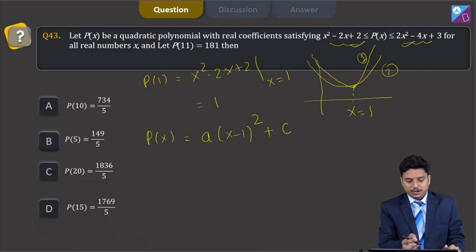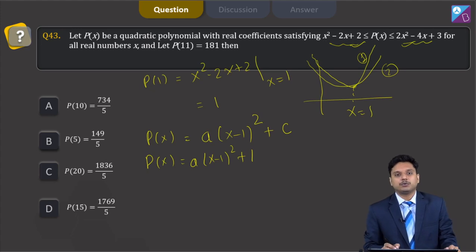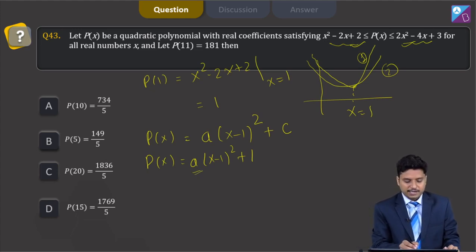But we are aware that P(1) is equal to 1, so this c must be equal to 1. So P(x) is of the type A(x − 1)² + 1. Now you are left with only one variable, that is A.